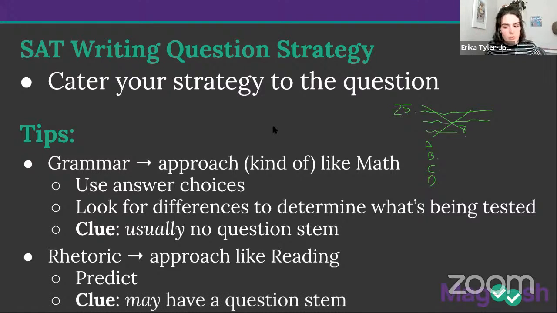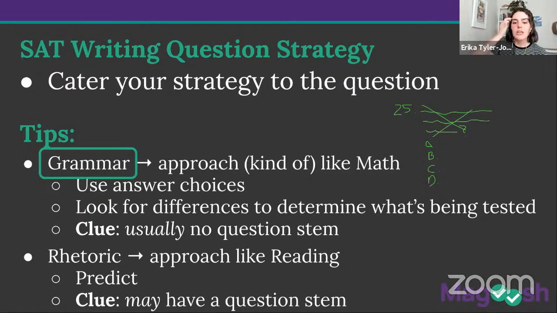So a clue that we have a rhetoric question: rhetoric questions may have a question stem. They may not have an underlined portion, but the biggest clue that we have a rhetoric question is that it looks like one of the topics that are tested by rhetoric questions. Now, we are not covering rhetoric questions in this crash course. We are covering grammar in this crash course.